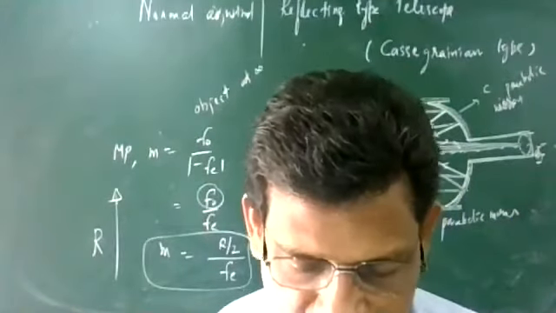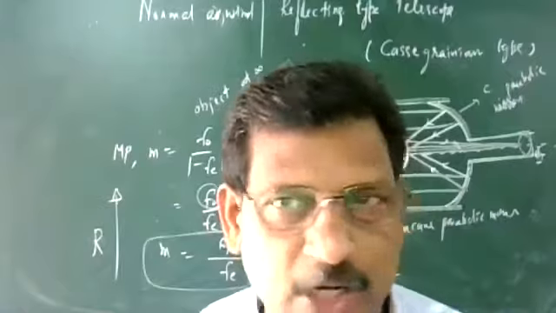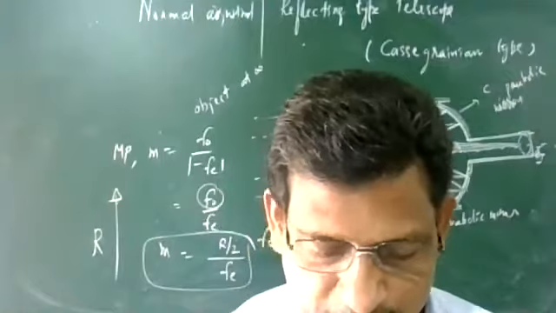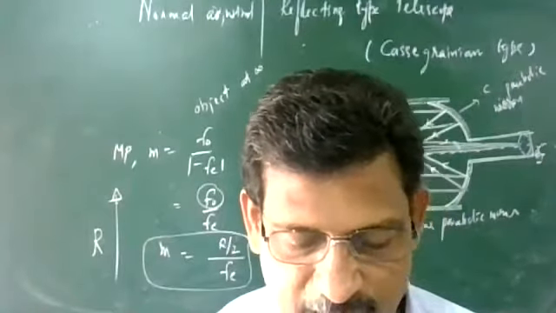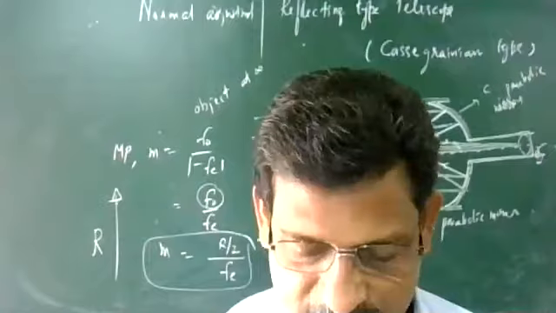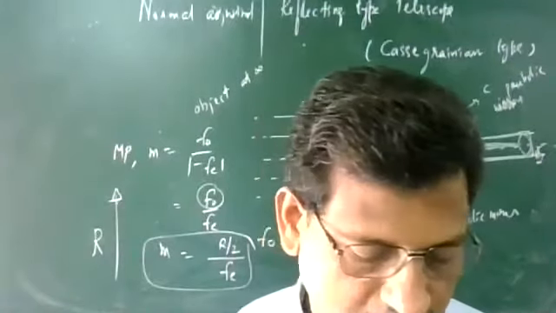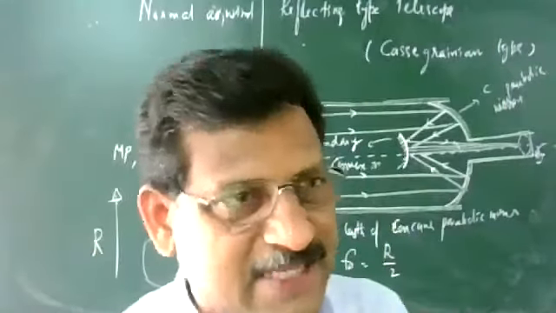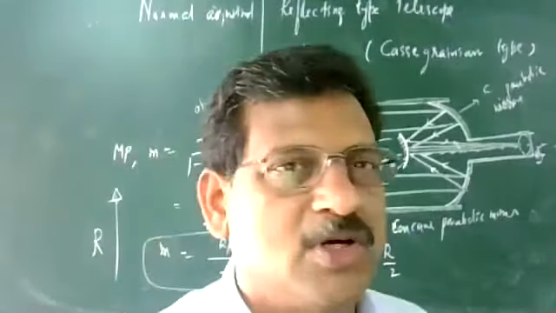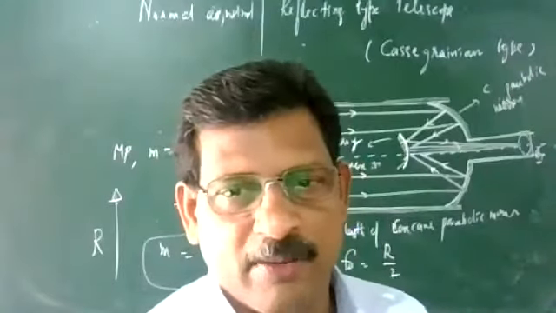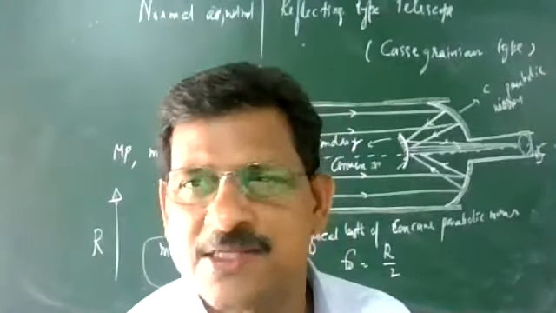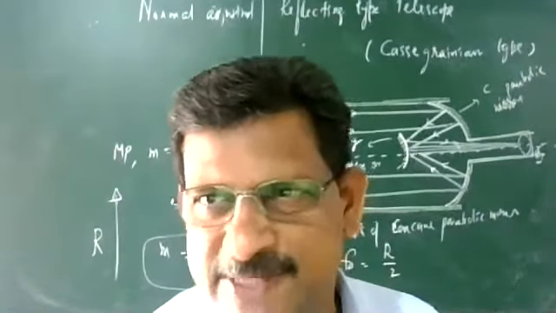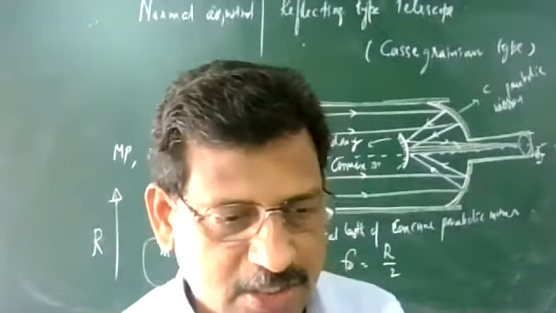Mirror requires grinding and polishing of only one side. High resolution is obtained by using a mirror of large aperture, and a mirror weighs much less than a lens of equivalent optical quality. So these are some points you have to write especially: mechanical support for a mirror is very little because its weight is very little in comparison with a lens of the same size or optical capacity.